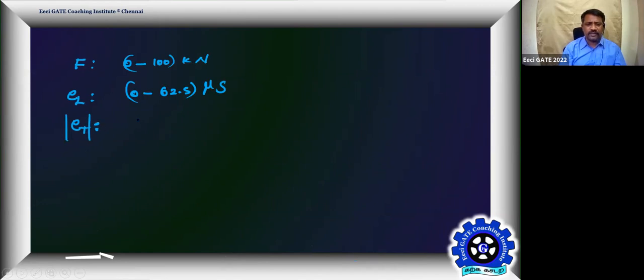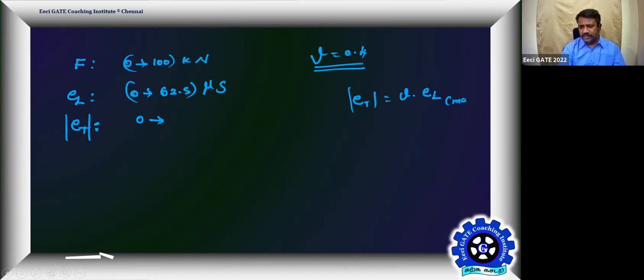So tell me, what is your ET then? ET is equal to, what is the ET? Magnitude only we should talk about, modulus of ET. It is 0 to what? Assuming the Poisson's ratio is given as 0.4, then what is ET? Modulus of ET is nothing but mu into EL. So that's the ET maximum.